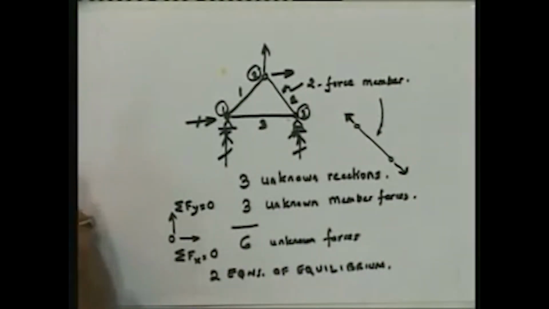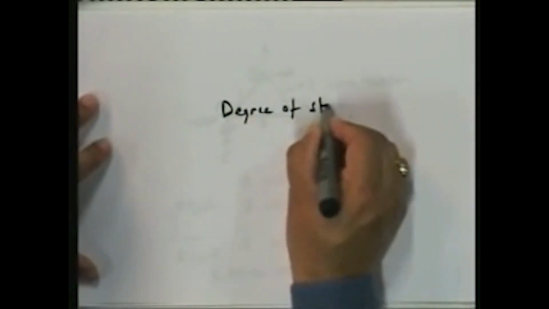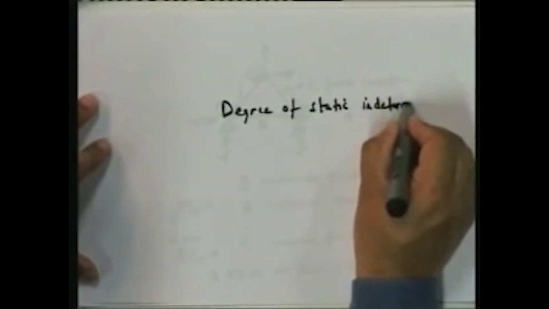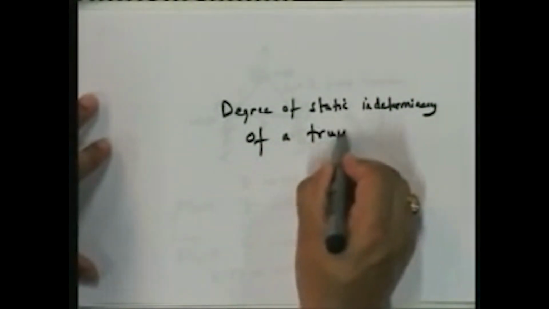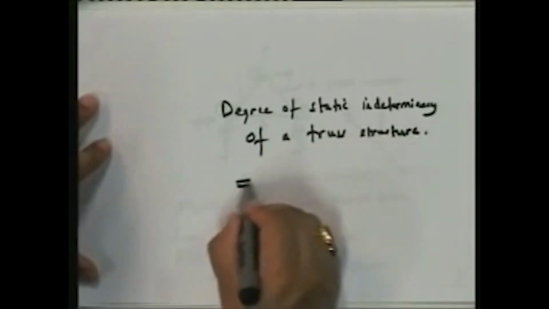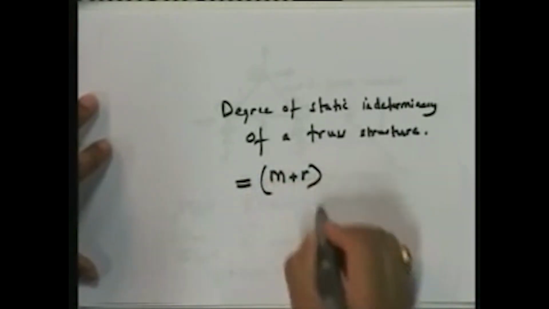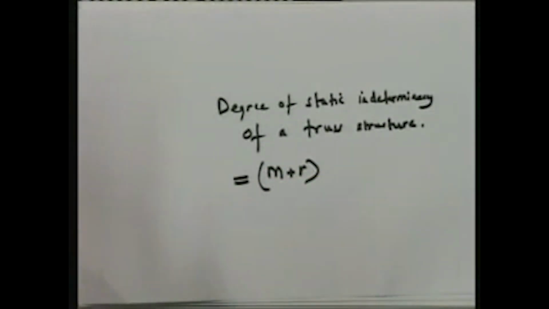And let me write this down very, very carefully, and this is fundamental. The degree of static indeterminacy of a truss structure is equal to m plus r, which are the number of... Okay.